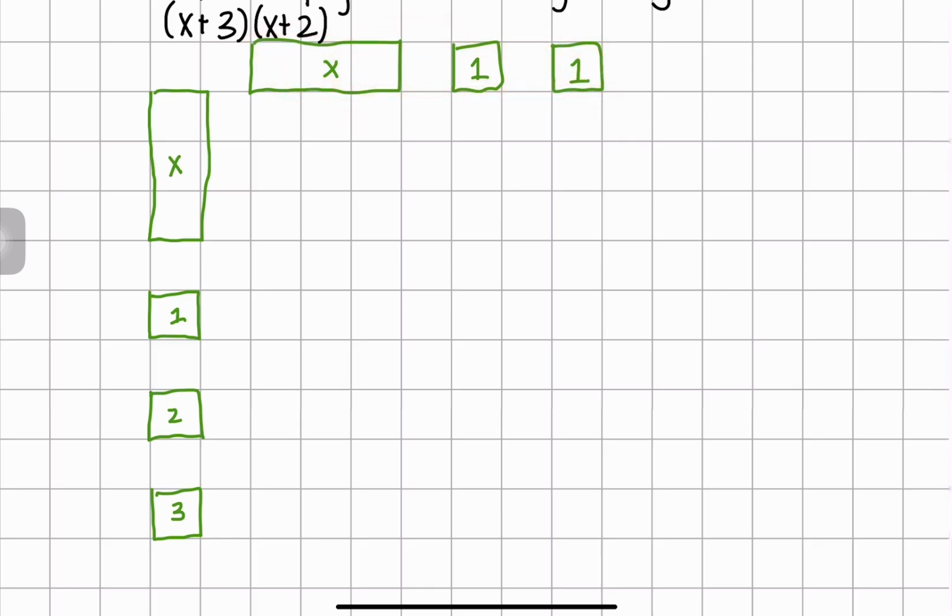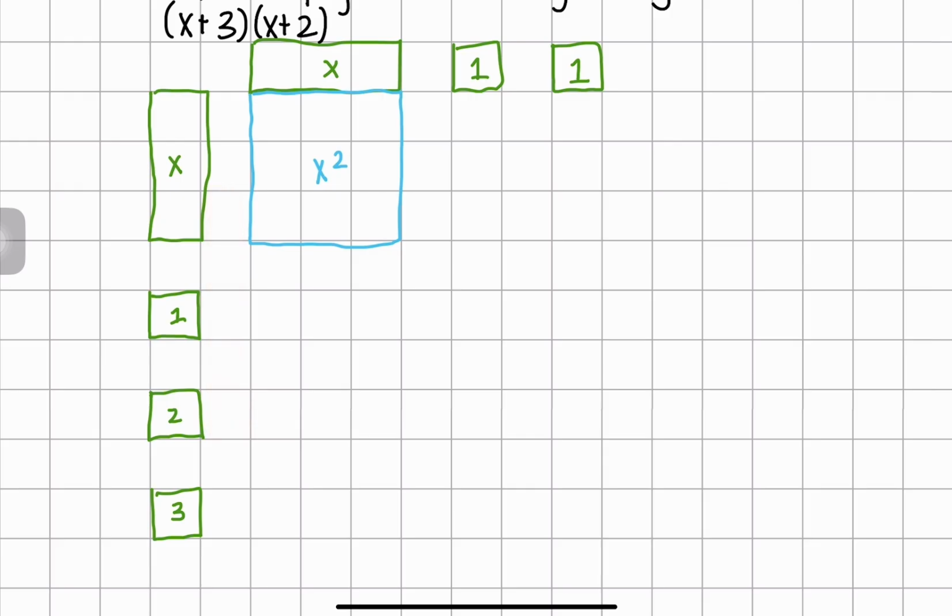Now we just want to multiply everything together like in the last example. So the first thing we want to work with is x times x. And using our area method and our area tiles, we know that x times x is x squared. And now we're just going to work down.